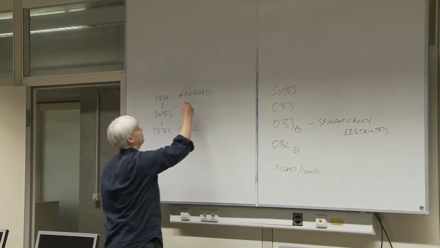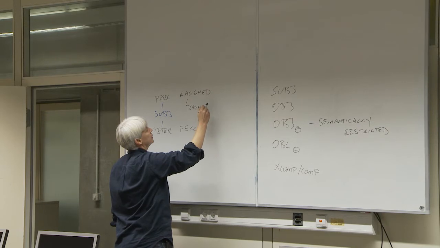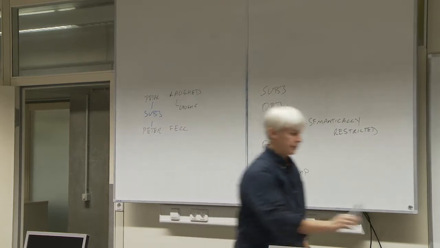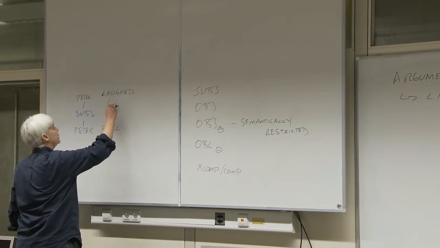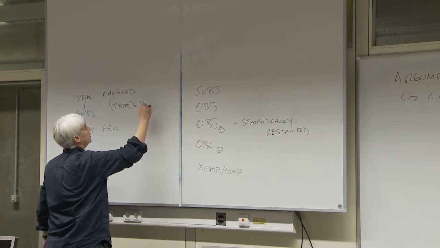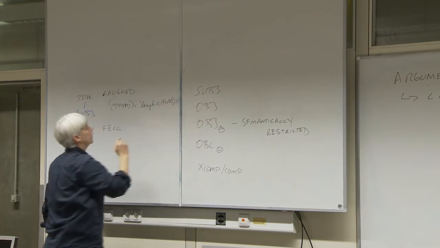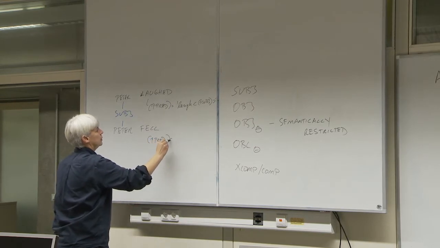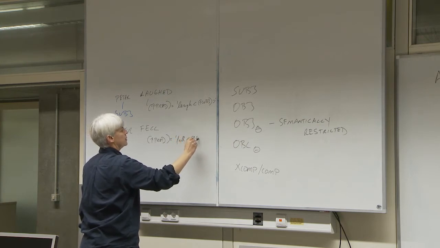We would say we have a predicate whose semantic value is laugh, and it takes a subject. And we would have the same here: a predicate whose semantic value is fall, and it has a subject.